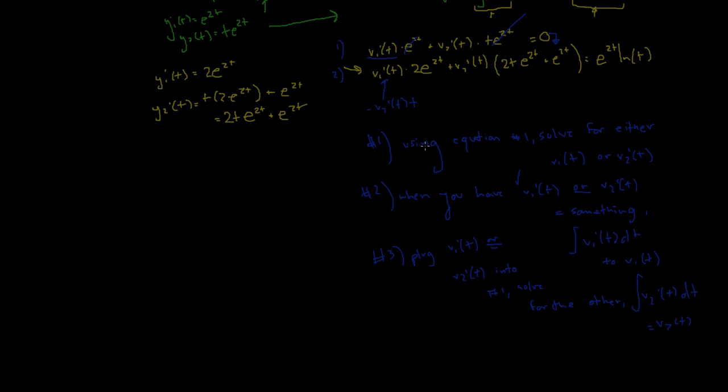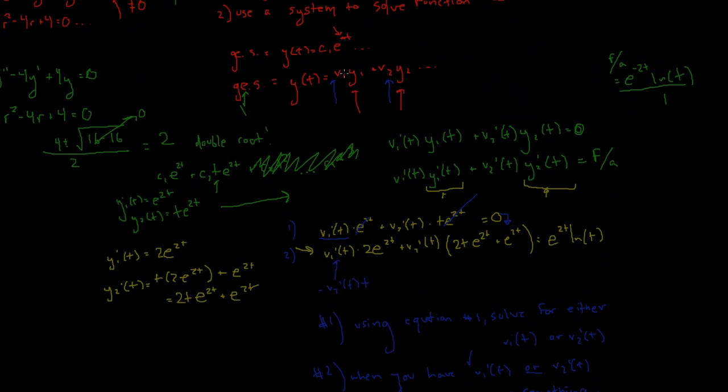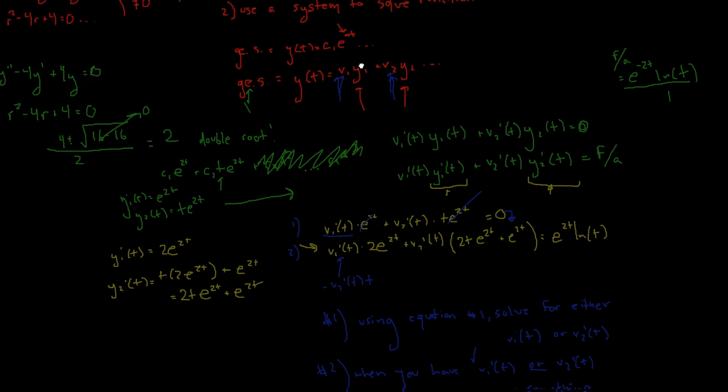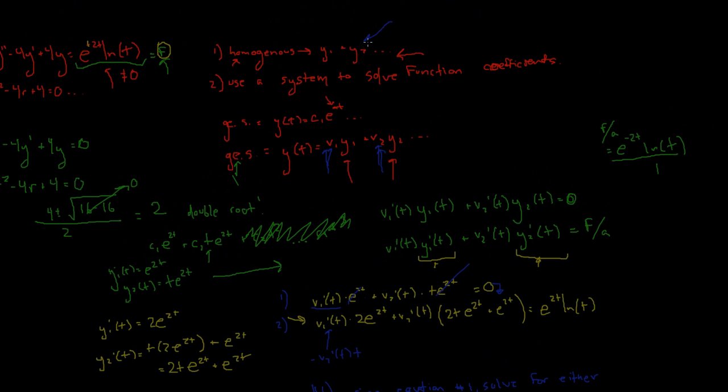And then that's literally it. After that, you just plug that in here. You put whatever you got for v1 here, whatever you got for v2 here, multiply them by your solutions to the homogeneous equation. Don't worry about constants in this case. You could put it, it doesn't really matter. In fact, most people won't put it.